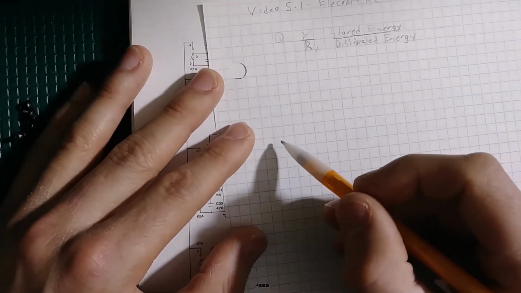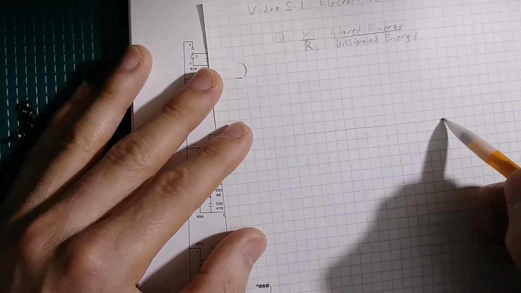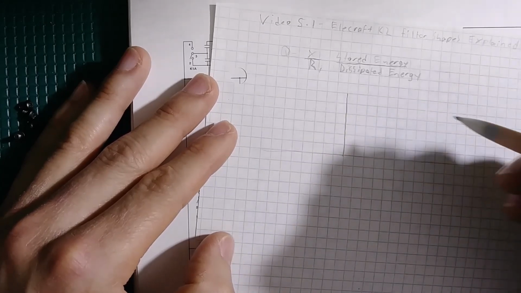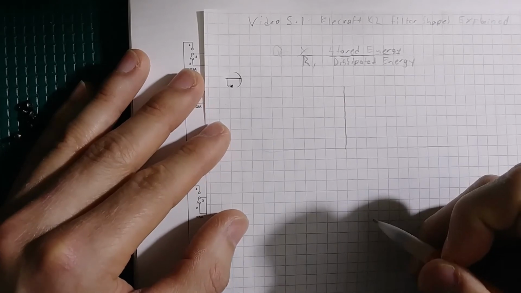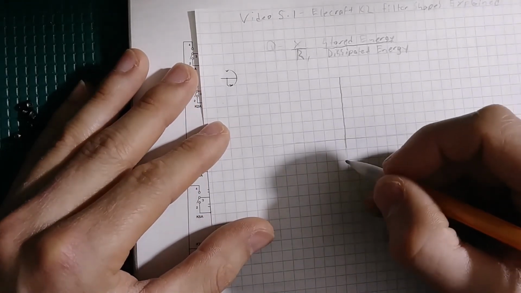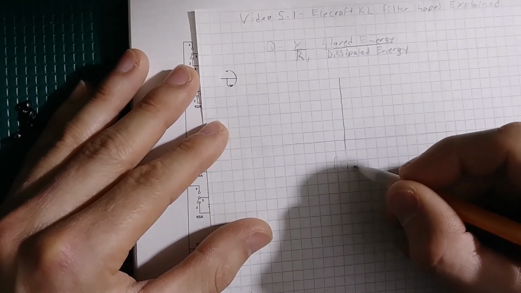So if we graph that a little bit, and this isn't going to be perfect, it's just going to be a quick visualization. Again, if we put an inductor and a capacitor together at some point of resonance, those values will be most efficient. So we'll represent that here in the center with the resonant frequency.